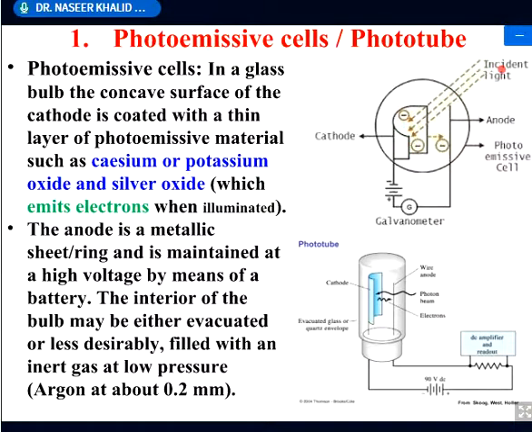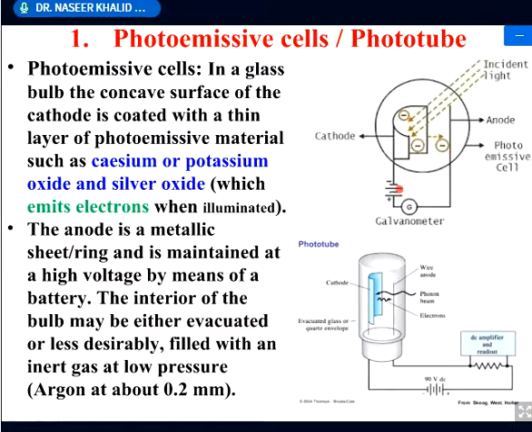These cathodes are coated with these photoemissive materials. When the incident light is passing on it, they will emit electrons when they are illuminated with the incident light. And this is a cathode, and this is another, the anode.